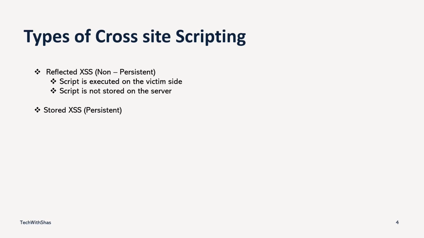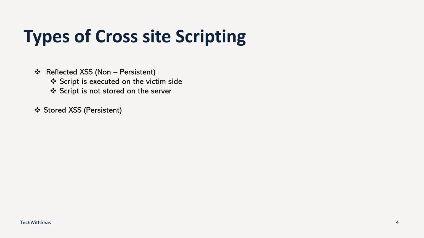Whatever script they want to execute for their benefit, they will execute at the client side, so the web server will not be aware of it, because they will not save that script in the database or on the web server side. So this type of attack is basically a non-persistent attack.